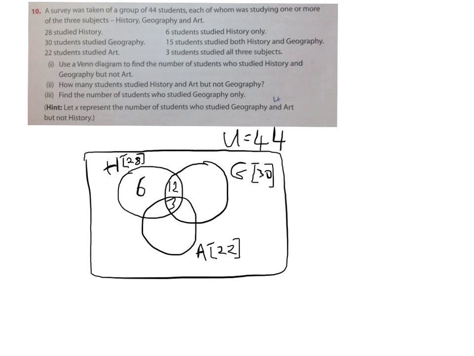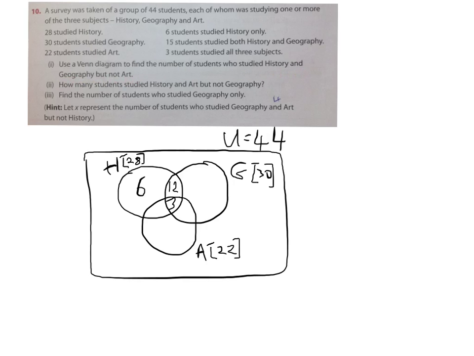So at this stage we've put in all the data that we've been given. There's nothing else, no numbers there that we haven't already dealt with. So let's go back to the question again and just see what they were asking. It says, use a Venn diagram to find the number of students who studied history and geography but not art.